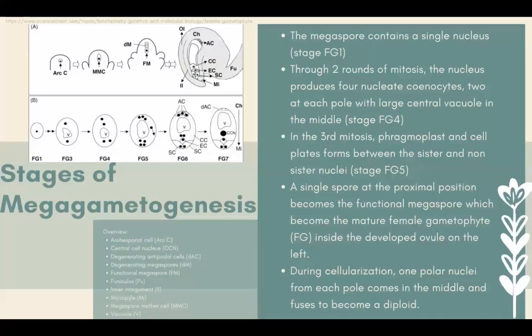In the 3rd mitosis, phragmoplasts and cell plates form between the sister and non-sister nuclei, shown in stage FG5. A single spore at the proximal position becomes a functional megaspore, which becomes a mature female gametophyte inside the developed ovule on the left. During cellularization, 1 polar nucleus from each pole comes to the middle and then fuses to become diploid.